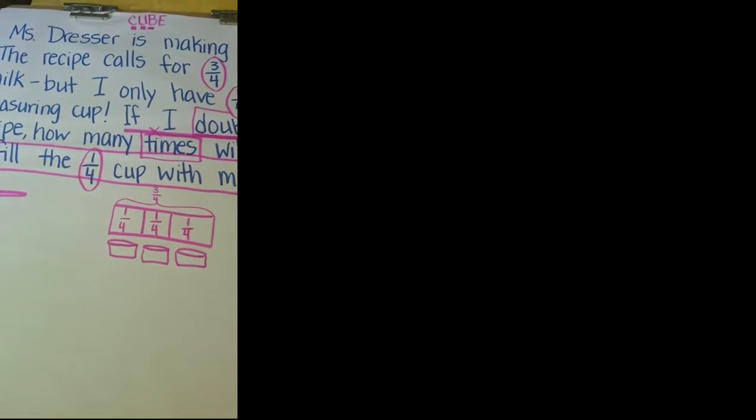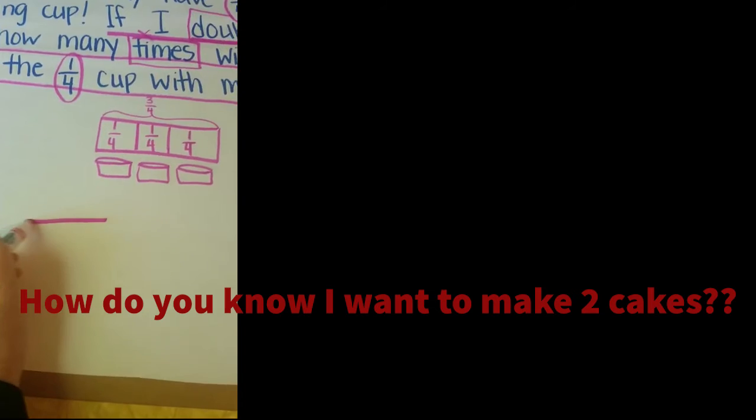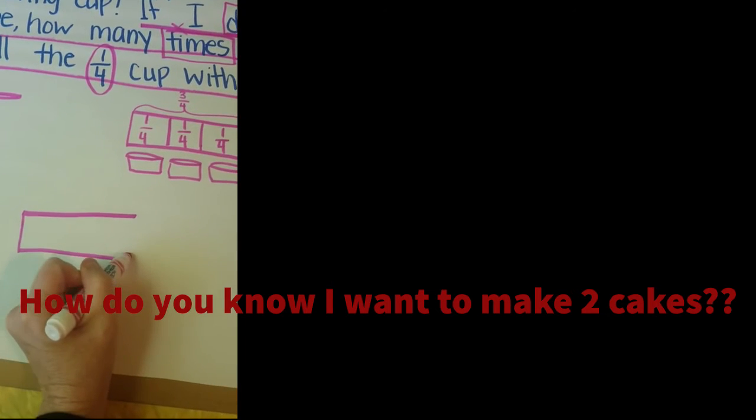That's just for one cake. So that is 3 times 1/4. But I don't want to make one cake. I want to make 2 cakes. So to model that, I would do it again.